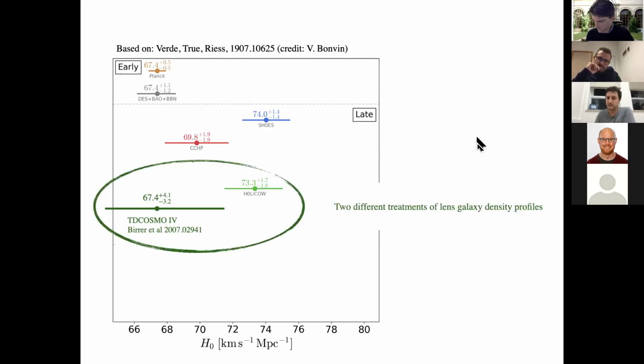For what Simon had shown us, though, the difference between the earlier result from the lensing collaborations and Simon's new result has to do with the shape, the density slopes of galaxies. And so it is a systematic effect. There may be nothing there in terms of basic physics, but there may also be something there, because galaxies are very interesting objects. In some parts of them, they are dark matter dominated. So maybe we can learn something really interesting.